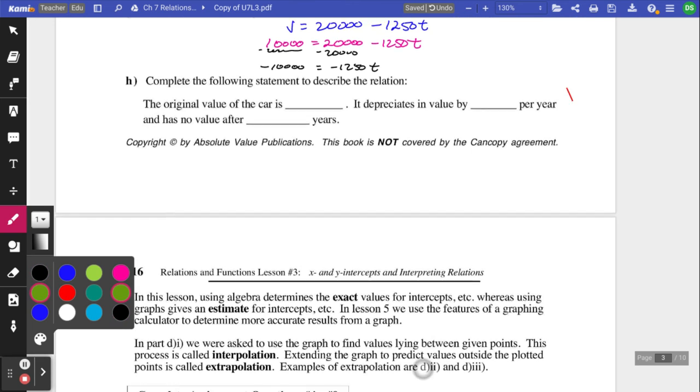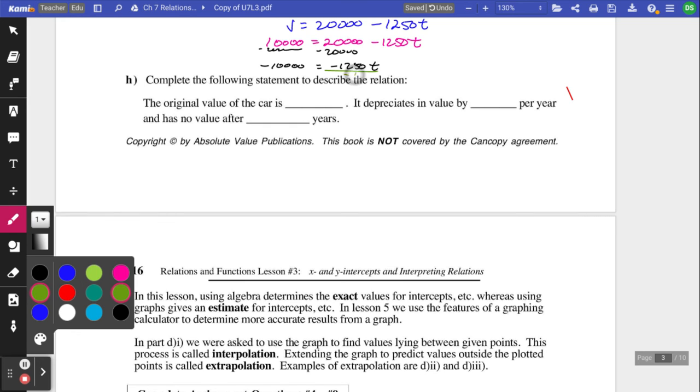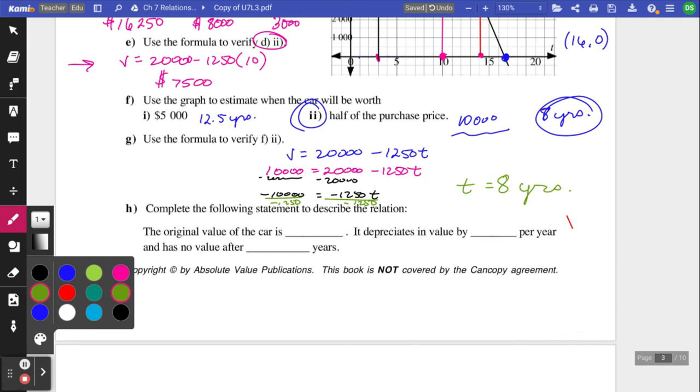Hey, I think we did good on this one. Oh, no, we didn't. What's your answer? 10,000 divided by 1250. 8. Plain old 8? Yeah. Did we do good? Yeah, we did.